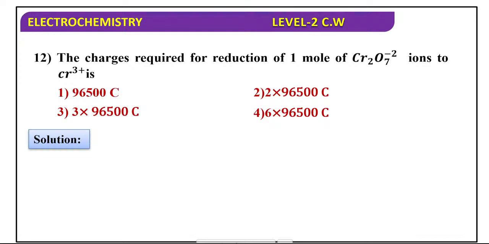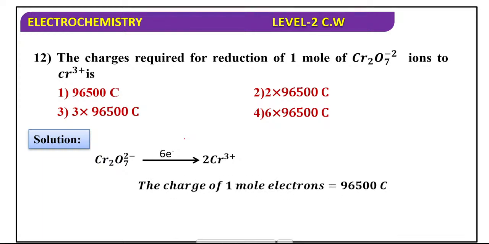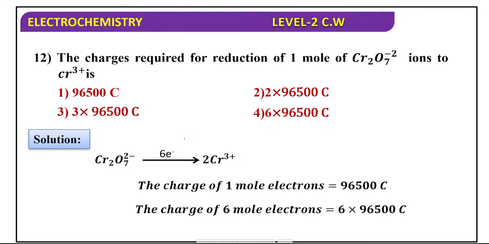So see, we have Cr2O7 negative. Cr2O7 negative will have to gain 6 electrons to get Cr3 plus. The charge of 1 mole of electron is 96,500 coulombs. The charge of 6 mole of electron is 6 into 96500 coulomb. So it is like this.